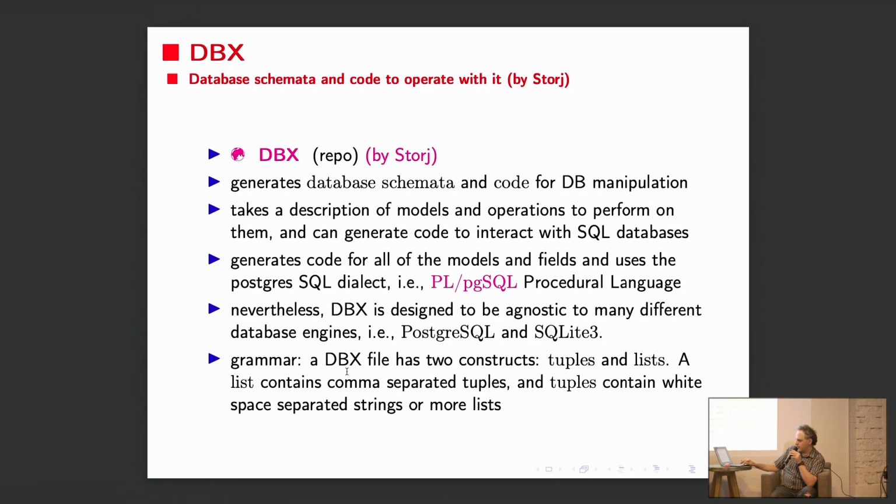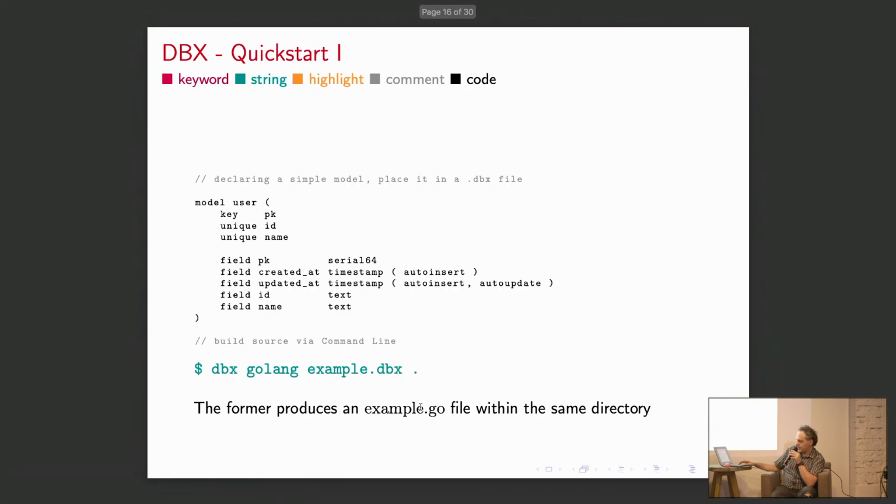And the DBX grammar has two constructs, which are tuples and lists. A list contains comma-separated tuples, and tuples contain whitespace-separated strings or more lists. And here are the examples. For example, here we have the way to declare a simple model and place it in a .dbx file. So this is the extension of the file, DBX. Then you build the source via command line.